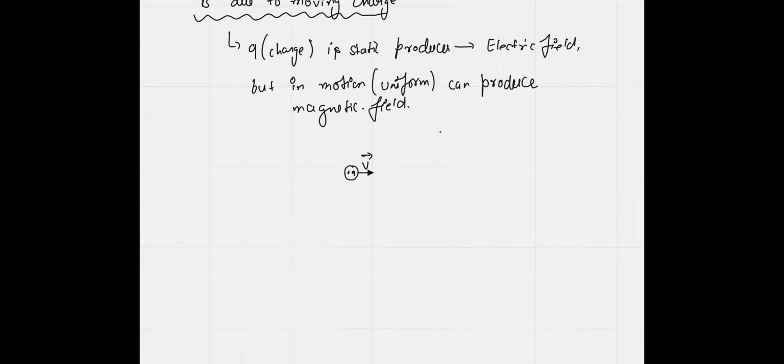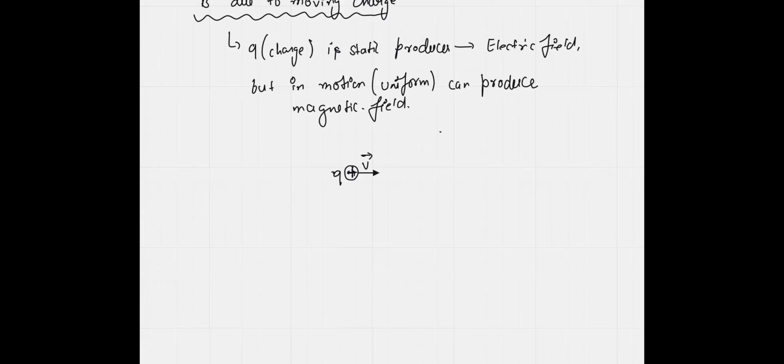So you have a charged particle over here, let's make it positive, Q. It is moving with some velocity v. Kirtana, if this is moving in this direction, this will be its line of motion.